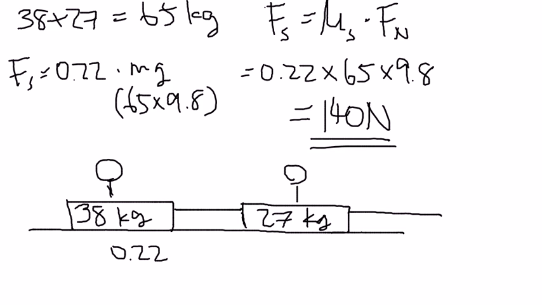Question B. Calculate the magnitude of the tension in the rope between sleds 1 and 2 when the adult exerts this force.